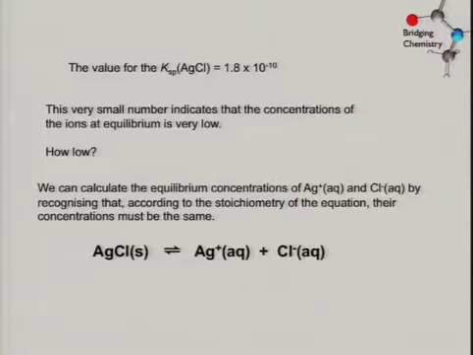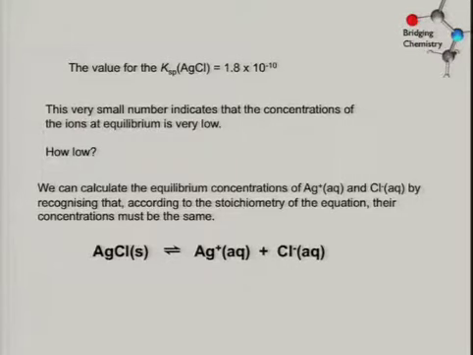And we can work it out by recognizing that if we look at our balanced chemical equation to describe this equilibrium, we see that one lot of silver chloride, when it does dissolve, doesn't very often, but when it does, you get one lot of silver ions and one lot of chloride ions. So 1 to 1 to 1 stoichiometry.